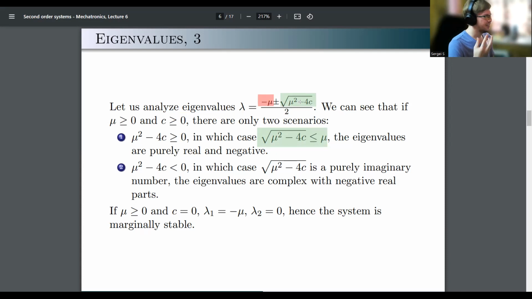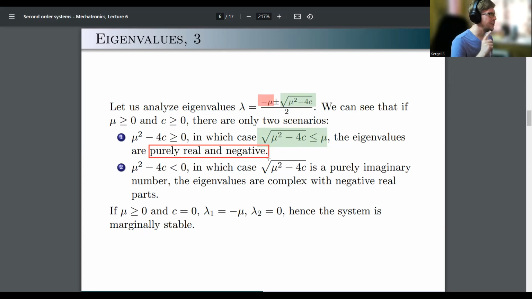If both of them are negative, then we get just a bigger negative number. If this green one here is positive, we still get a negative number because by absolute value, this number is less than mu. So minus mu overpowers it each time. That is why we get purely real and negative eigenvalues.